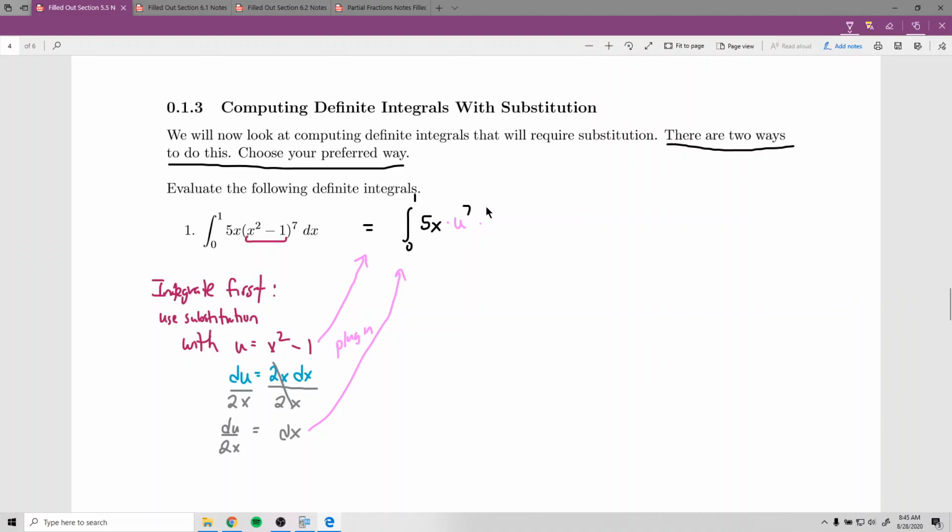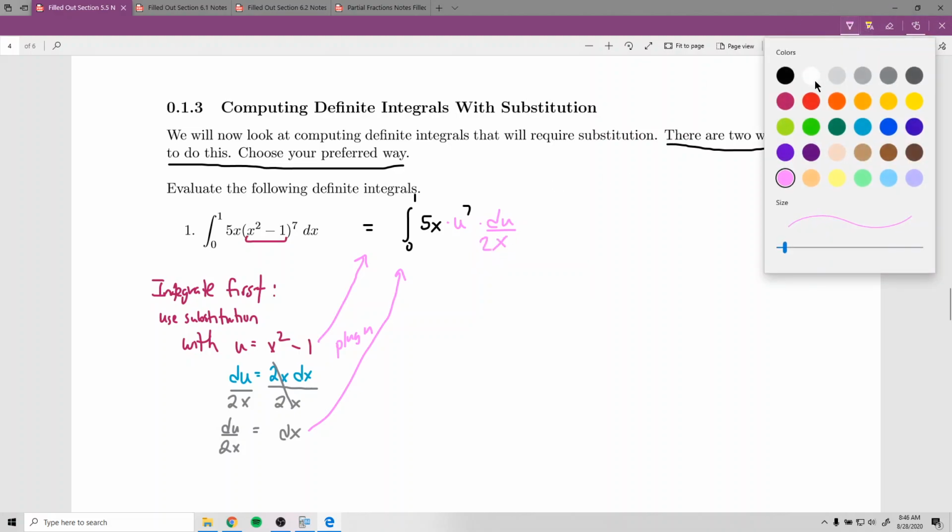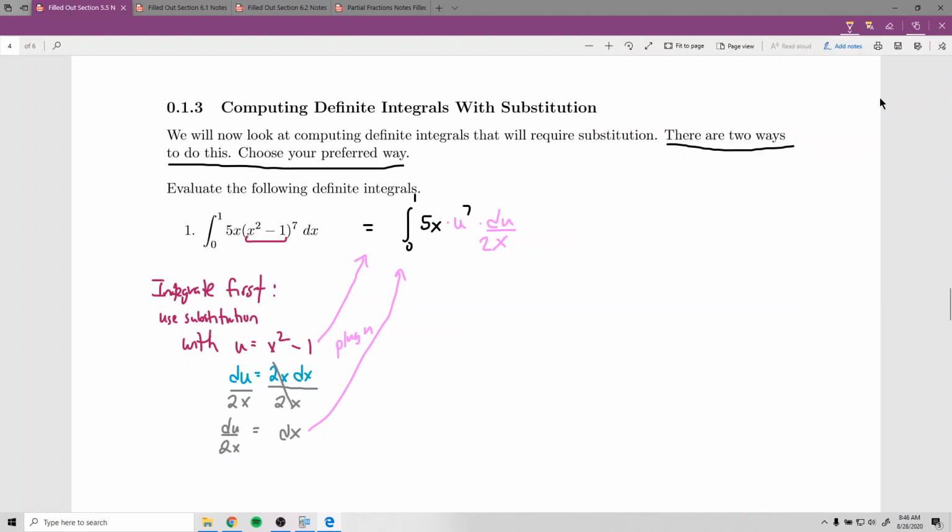And then in place of dx, we're going to put du over 2x. Not du over dx, du over 2x. And just a brief reminder, when you do the substitution method, you should only have u's and du left. So all the x's need to cancel.